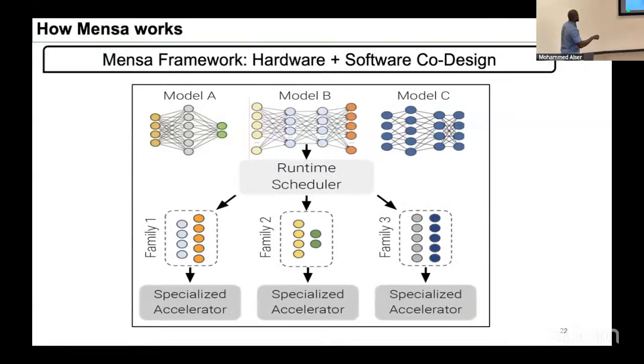Just to make it clear again, the neural network model is passed to a runtime scheduler. These are the specialized accelerators, and the families are passed to them, and those accelerators run the workload.